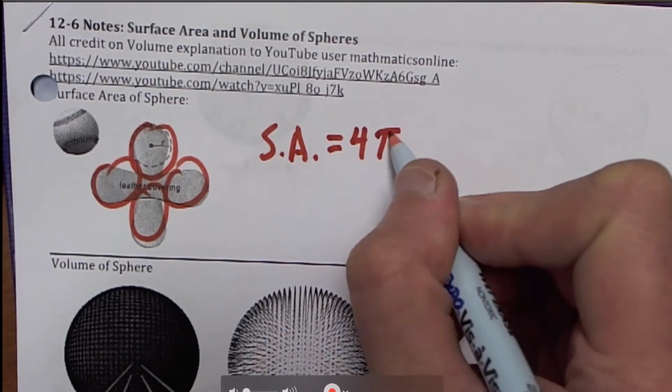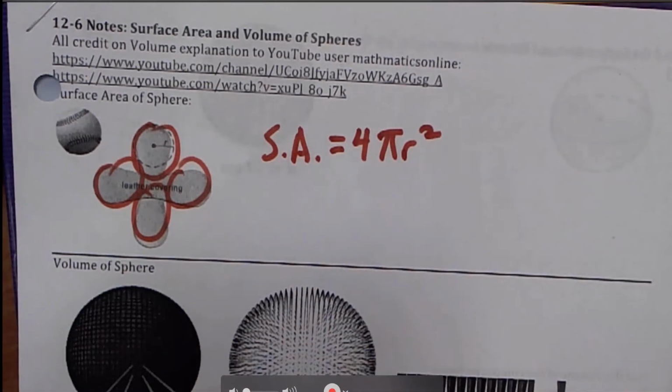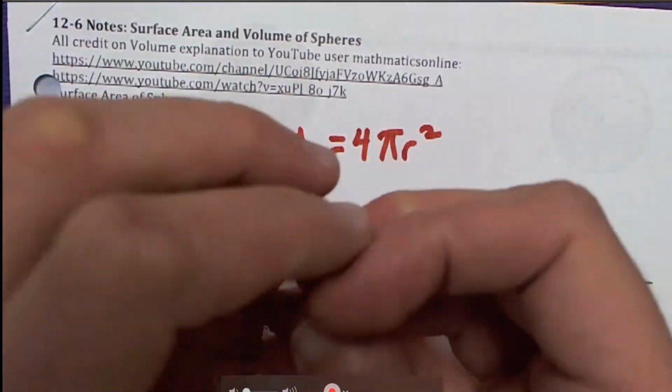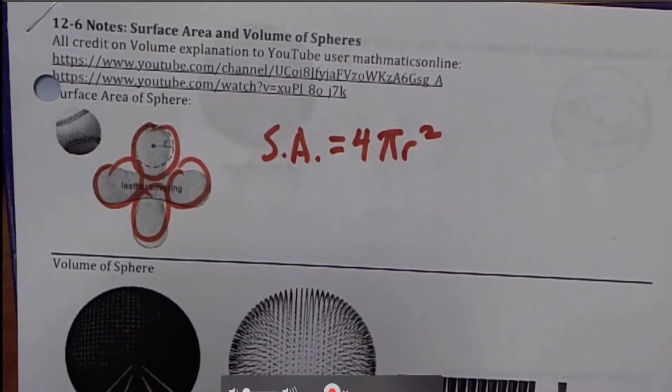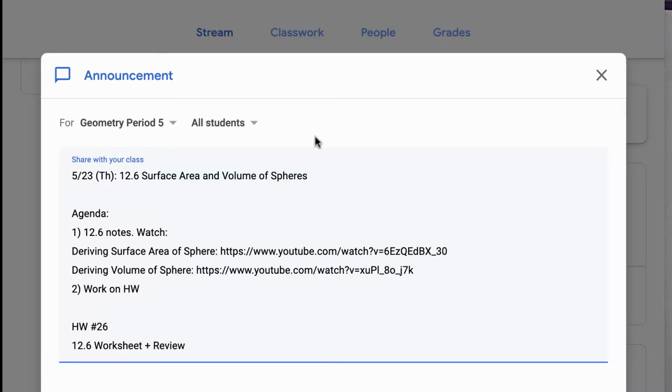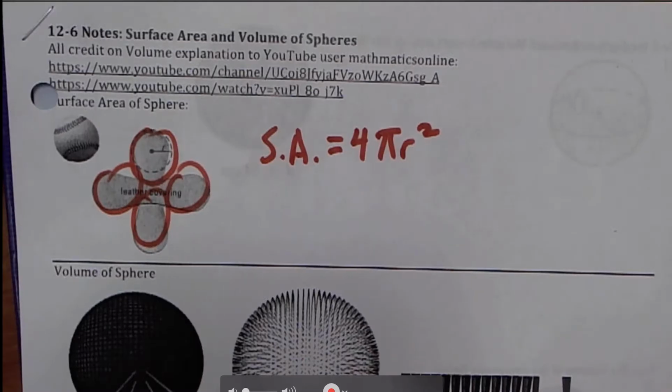So 4 pi r squared. Not a proof at all, but if you want to visualize it, think of it like unwrapping that ball. It produces a circle here, circle here, circle here, circle here, 4 pi r squared. On the Google Classroom, if you check this link out here, there's another explanation for that.